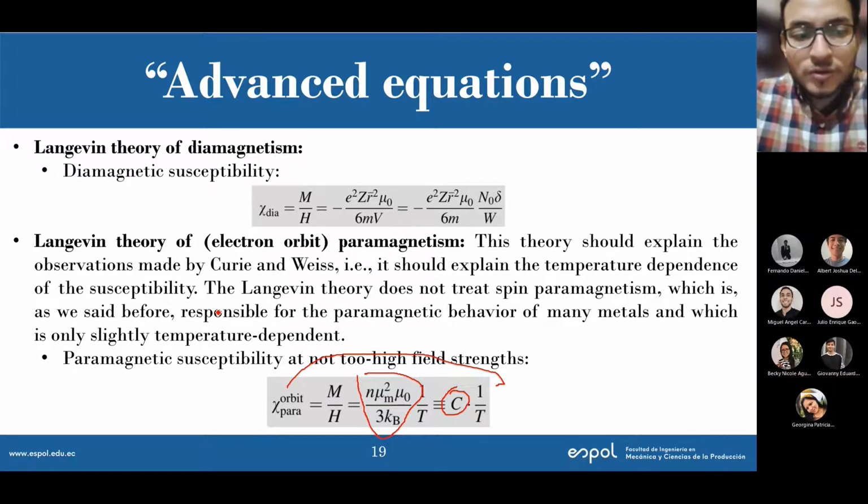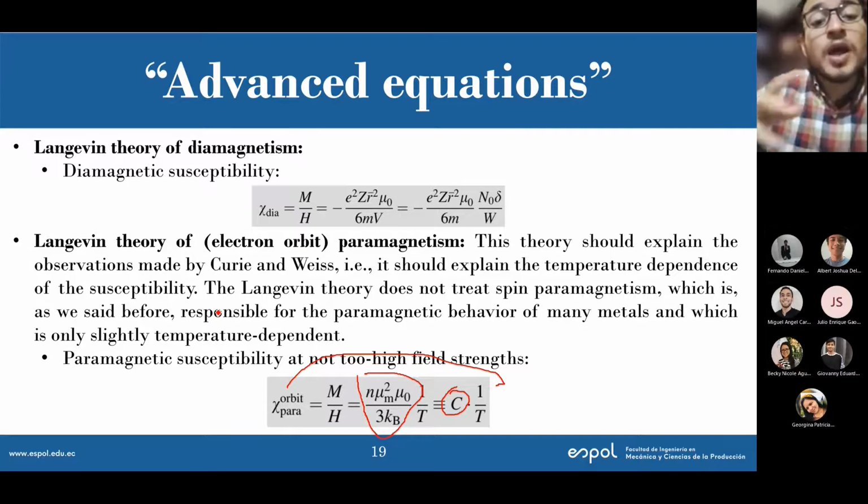So just to remember, the Langevin theory really applies when paramagnetism is an important contribution. Remember, we saw that some materials can have a contribution to diamagnetism and a contribution to paramagnetism, but one will be more prevalent than the other, right?